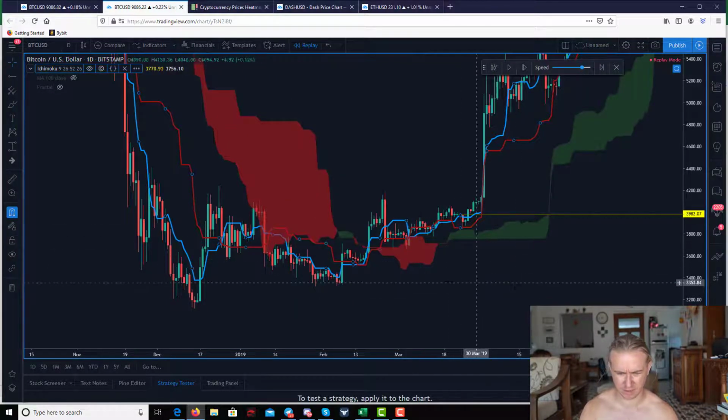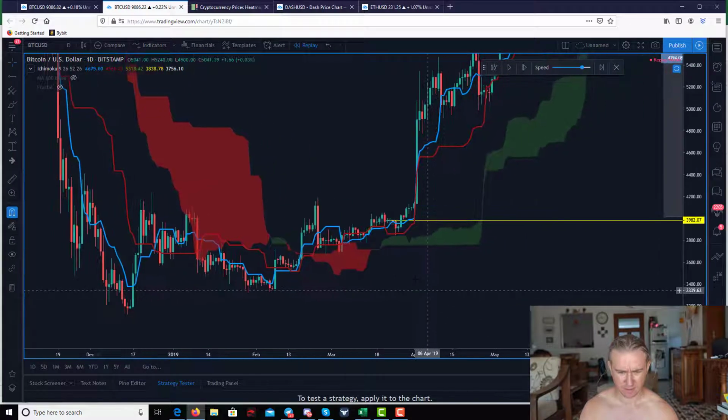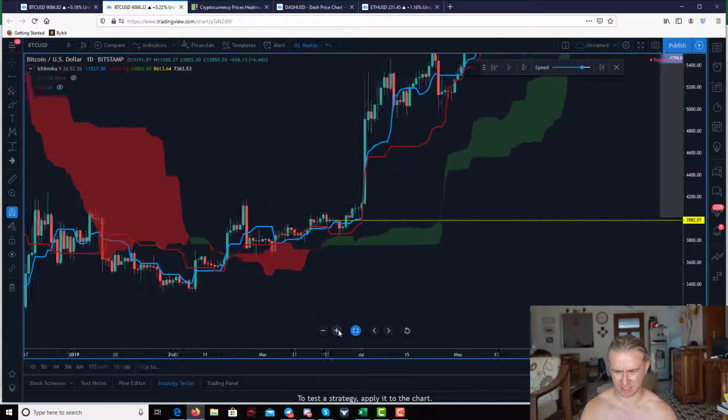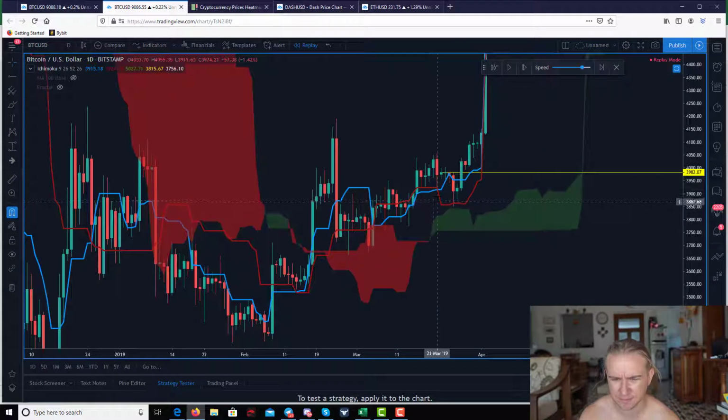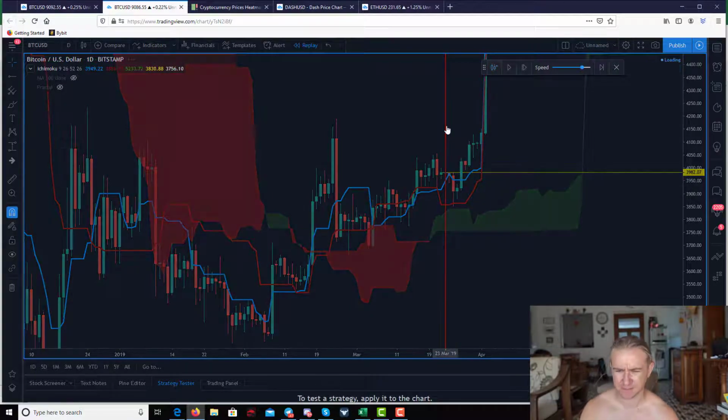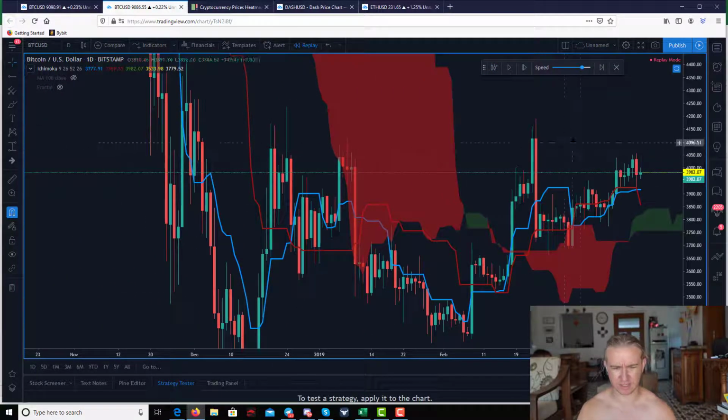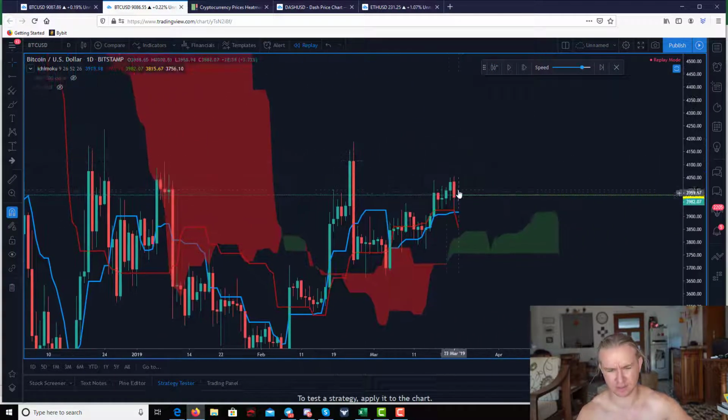So we can see that the price through here is above the Kumo, and the TK cross has happened on this candle here. Okay, so this is the daily close that the bullish TK cross happens. So first question, price is above Kumo, check.